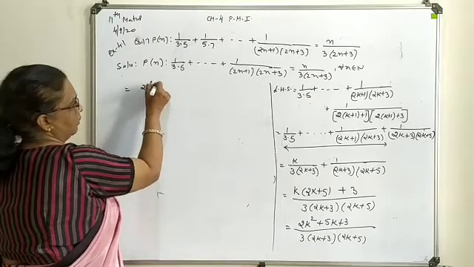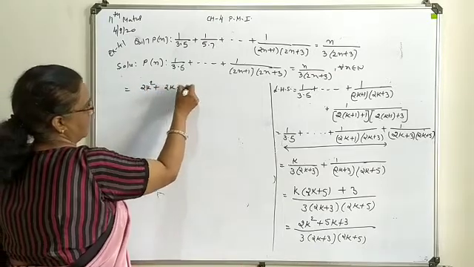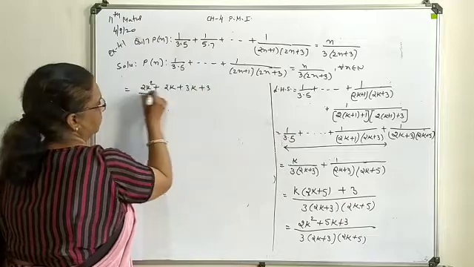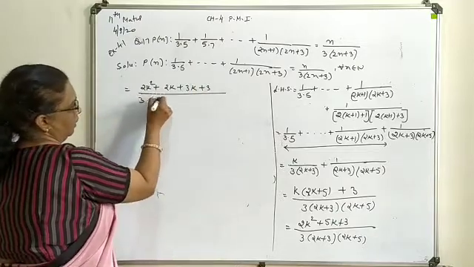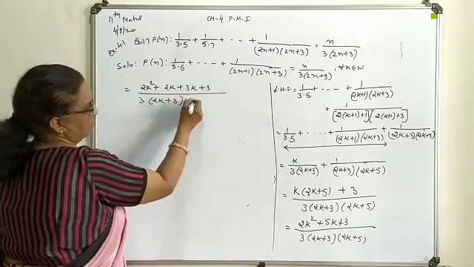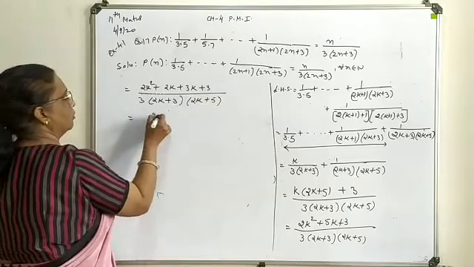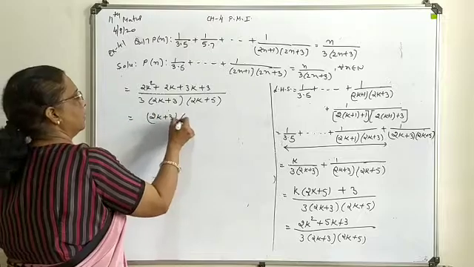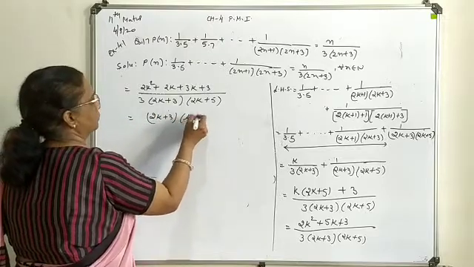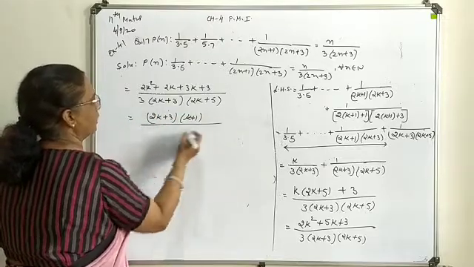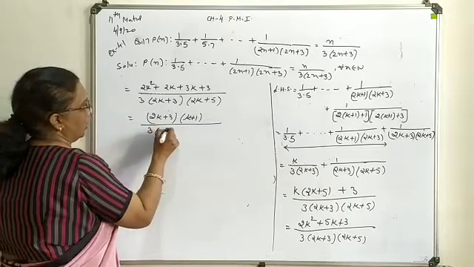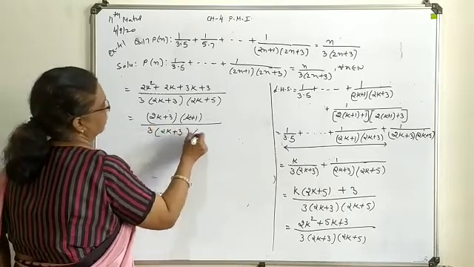k square plus 2k plus 3k plus 3, 2k plus 3, 2k plus 5. This is your 2k plus 3 and k plus 1. Same we have written in the last question, so I am not going to write it in detail.